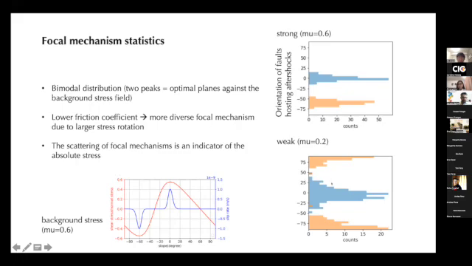This is coming from the weak fault showing more stress rotation from the same stress perturbation, which is reasonable. But this result might suggest that the scattering of focal mechanisms is an indicator of the absolute stress strength of the crust. But maybe many people are thinking the same thing.